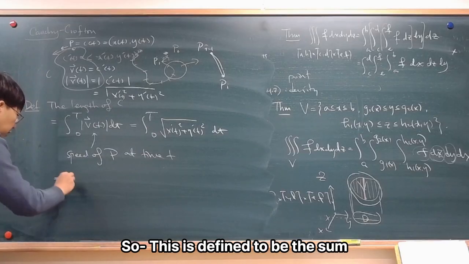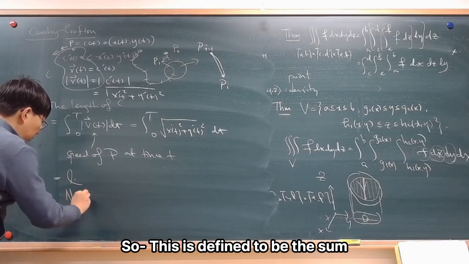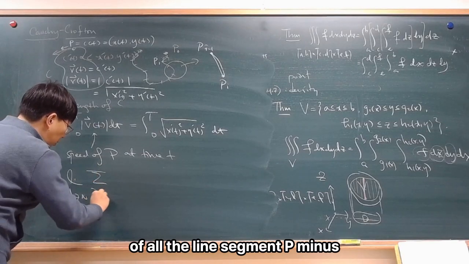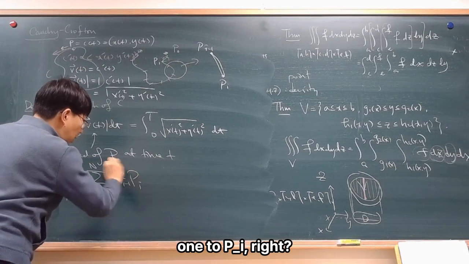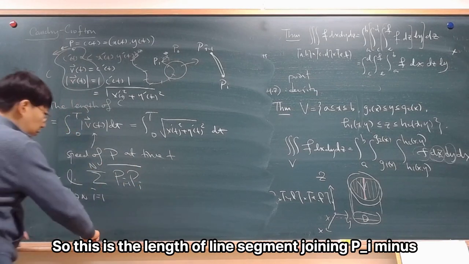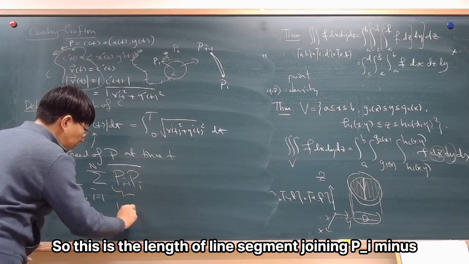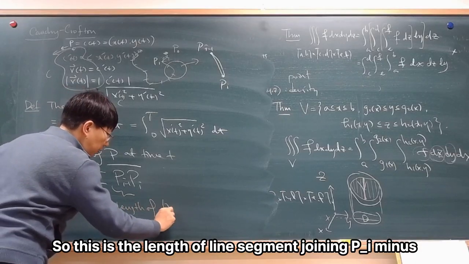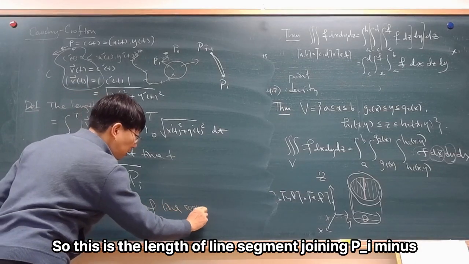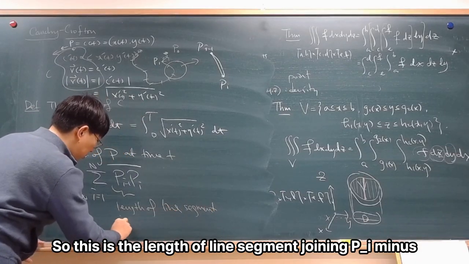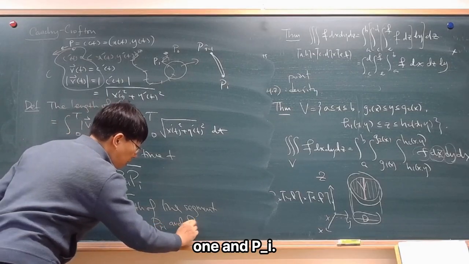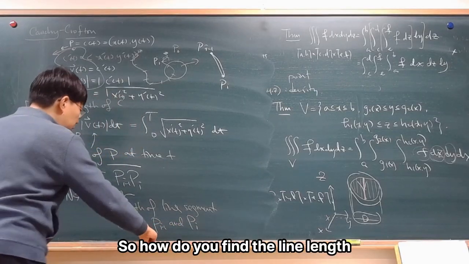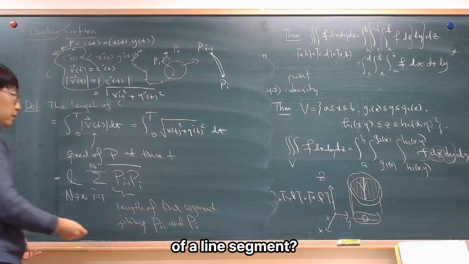So this is defined to be the sum of all the line segments from P(i-1) to P(i), right? So this is the length of the line segment joining P(i-1) and P(i). So how do you find the length of a line segment?